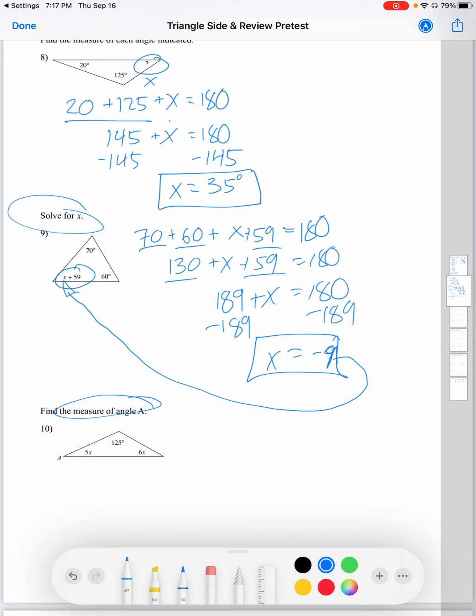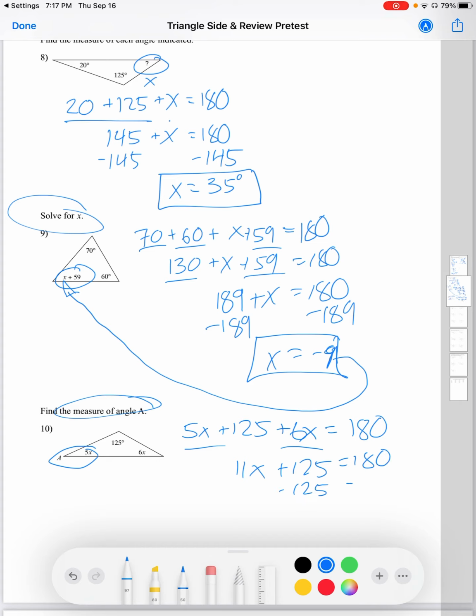Here, they want the angle A. So that's this angle. We're going to say 5x plus 125 plus 6x equals 180. Combine like terms. That's 11x plus 125 equals 180. Opposites, subtract 125. 11x equals 55.